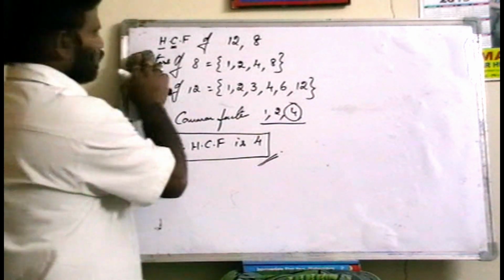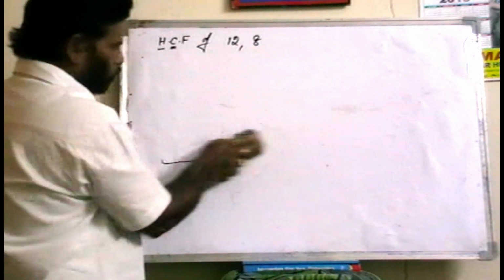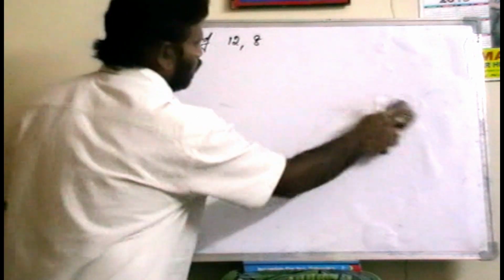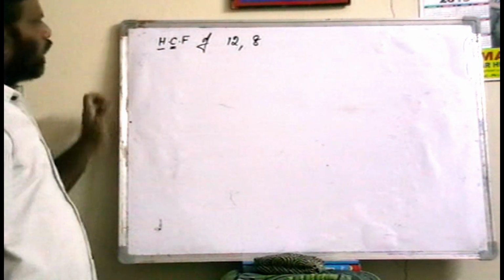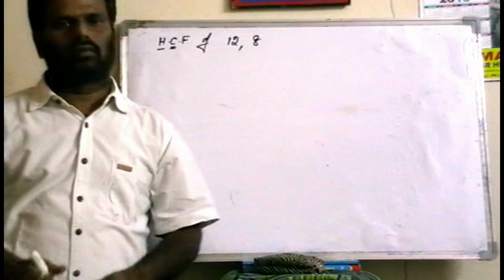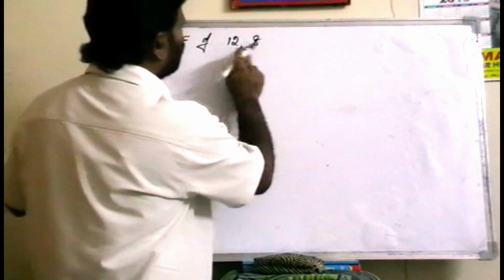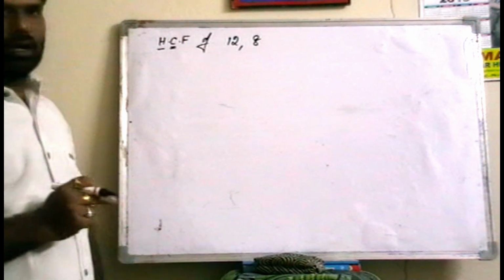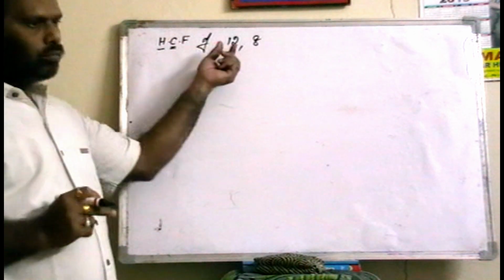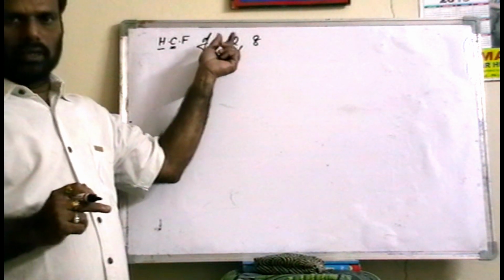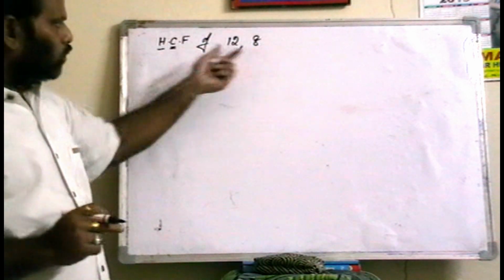Now, one more method, that is the division method. In the division method, find the highest common factor of 12 and 8. First, the highest of the two numbers is divided by the lower one.